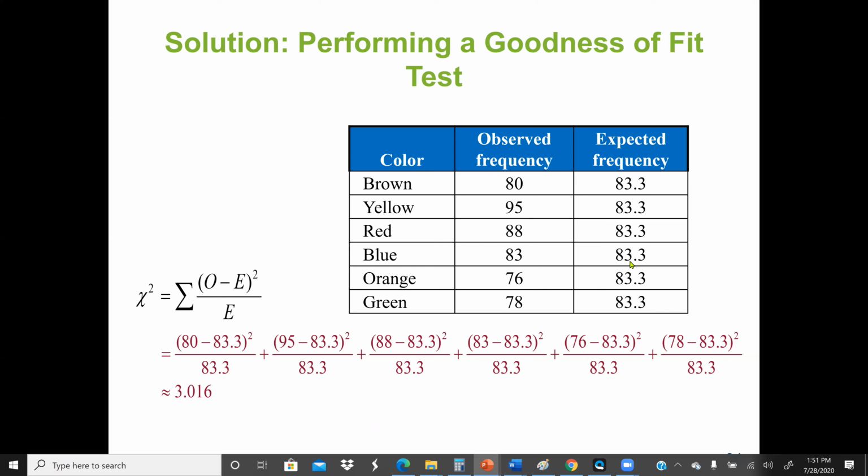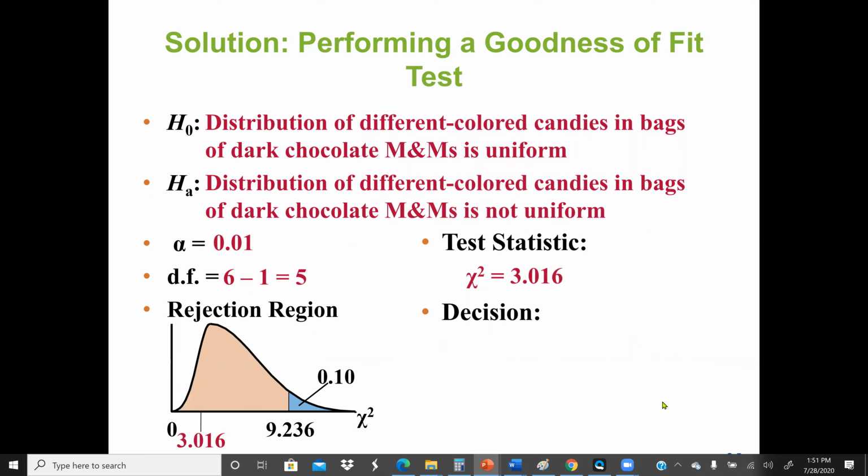Then the next one will be 83 minus 83.3 all squared divided by 83.3 plus 76 minus 83.3 all squared divided by 83.3 plus 78 minus 83.3 all squared divided by 83.3. So when we do that, we get 3.016.